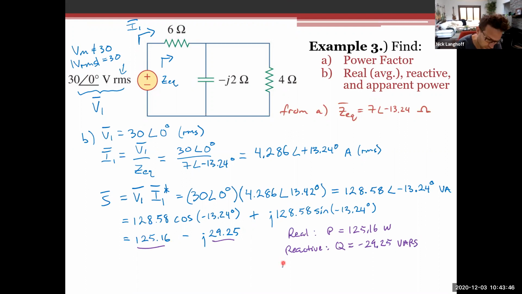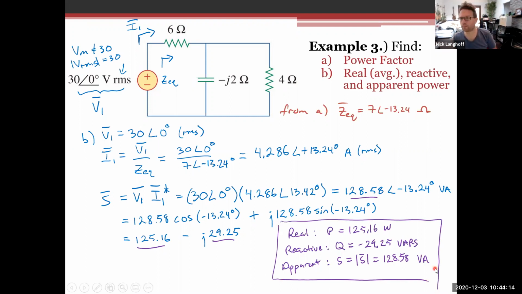And the apparent power S is equal to the magnitude of the complex power, S bar, the phasor. And we already saw that's 128.58, which we refer to as volt amps. And that's our answer there.